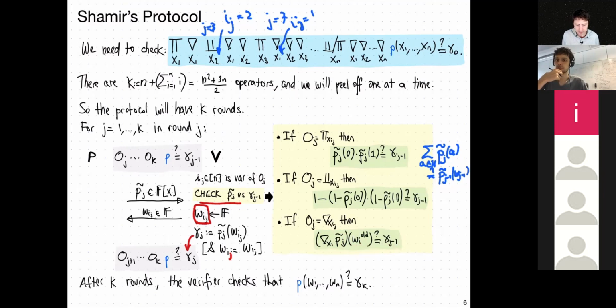Why is it already fixed? Well, let's say, for example, that we're looking at this degree reduction operator, okay? Now, let's say we have processed this one, okay? So we have fixed x1 to be some random value, right? In the first round, when j equals 1. Now, when j equals 2, the variable that we're again processing is x1, right?